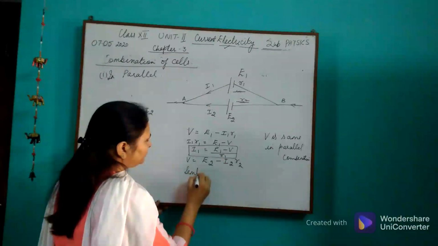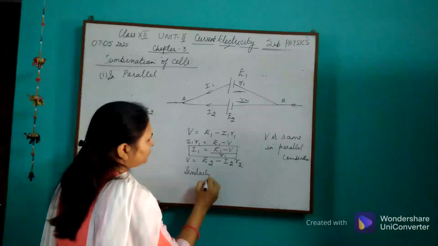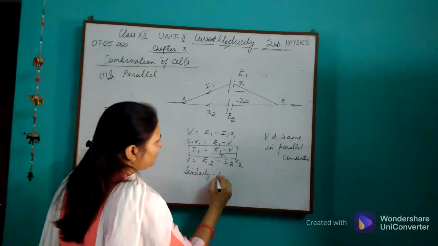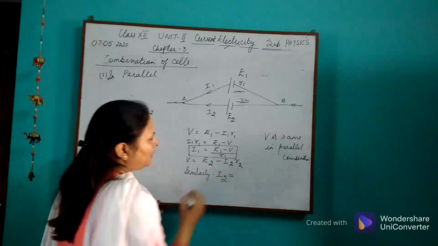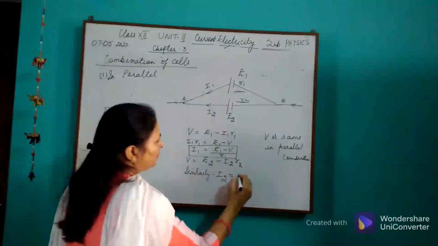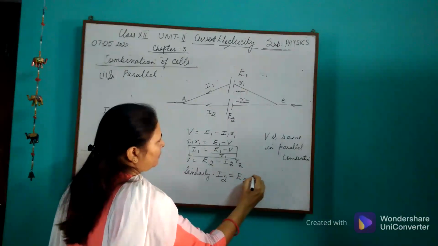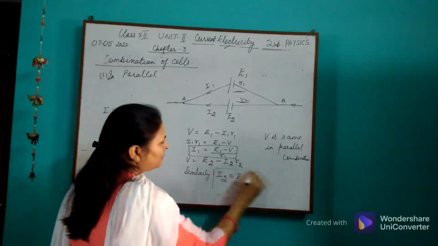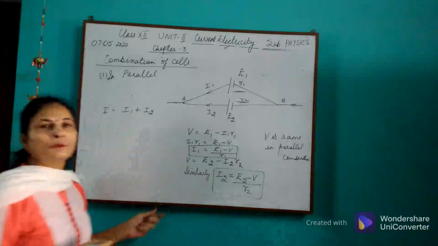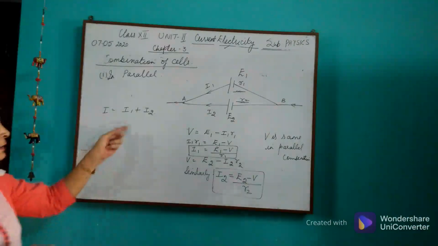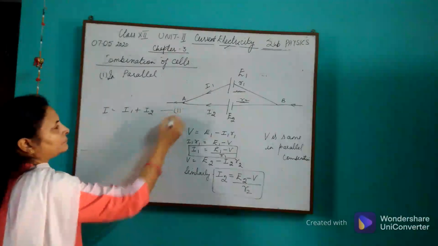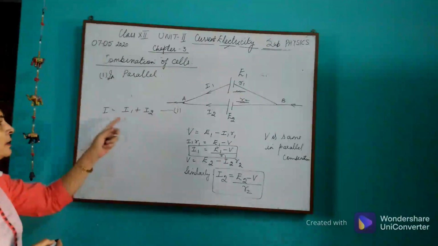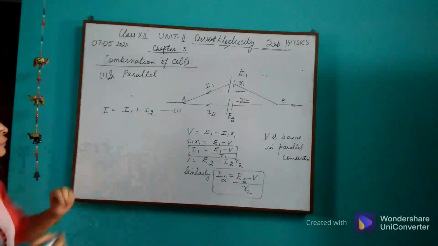Similarly, from this equation, I2 will be equal to E2 minus V upon R2. Now we'll come to this equation. Total current shall be equal to I1 plus I2. I'll substitute from here.